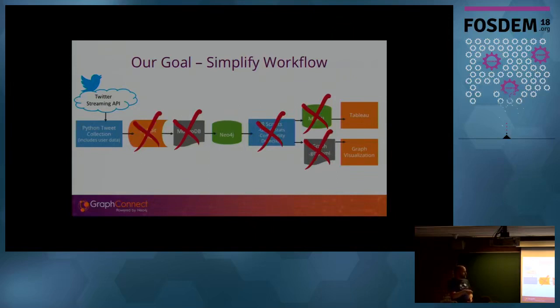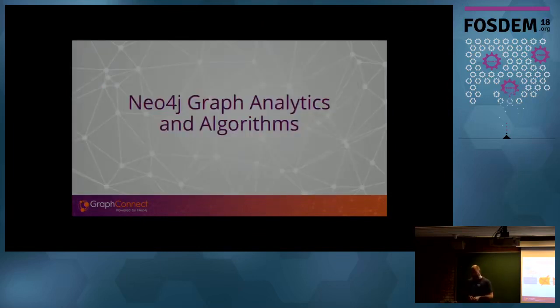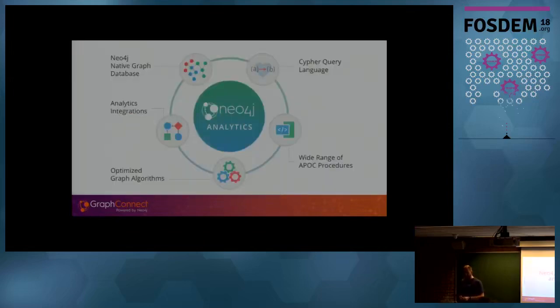There's a Tableau connector for Neo4j, and there's also direct Gephi integration. So if you want to focus on Neo4j as your data store, you can do all of these things without the other moving parts. The thing that was missing back then was the graph algorithms, and that's something we have worked on since.